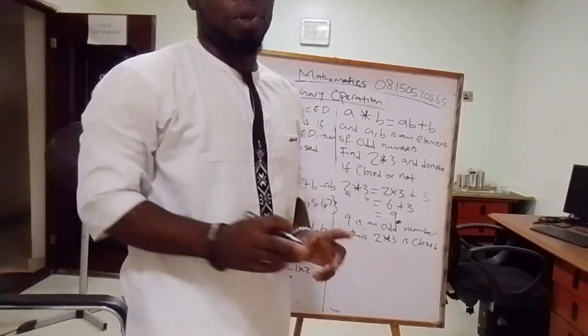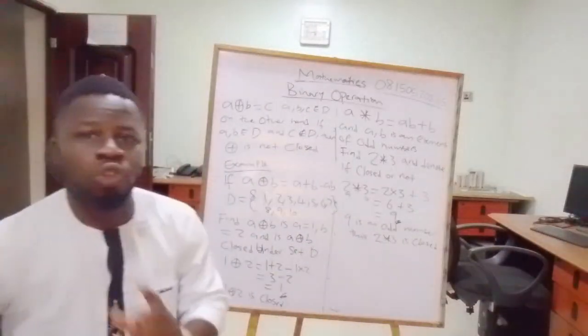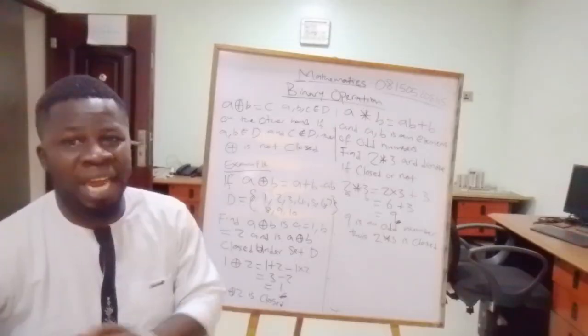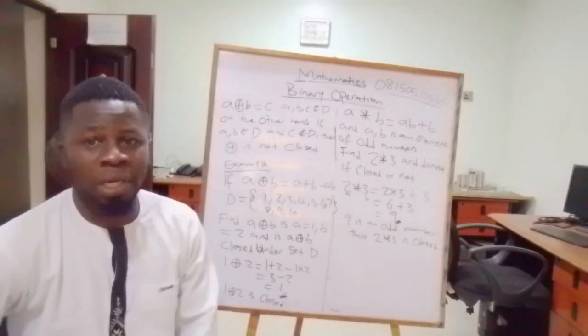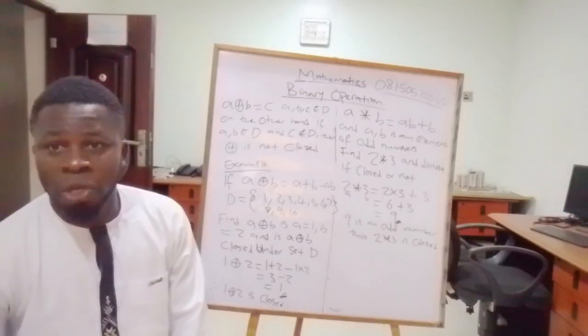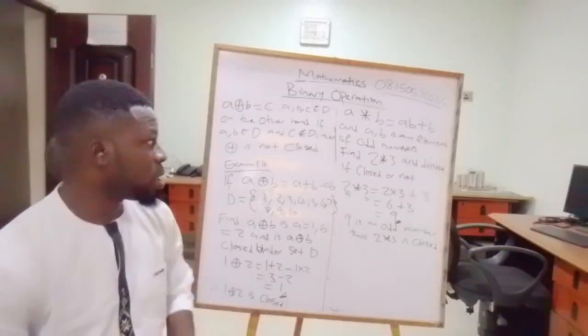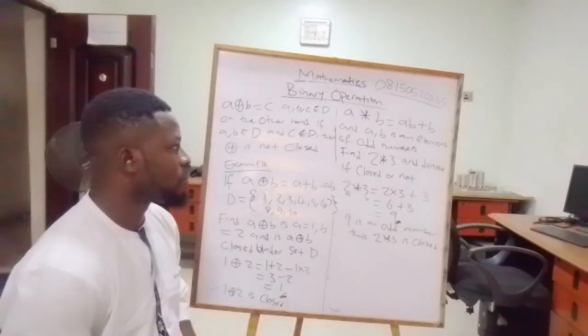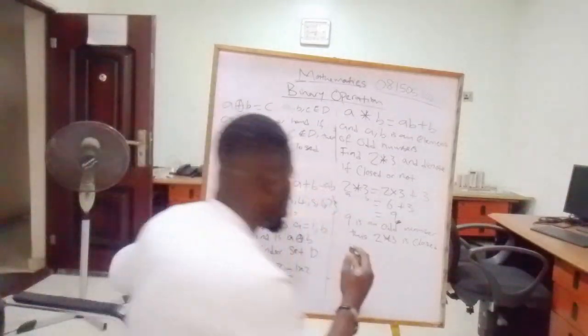The last example I'm going to give now is going to give you something that is not closed, so that you will not feel that all the time you get something that is closed. So let's have this one.